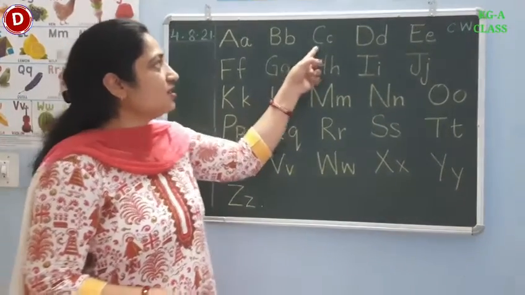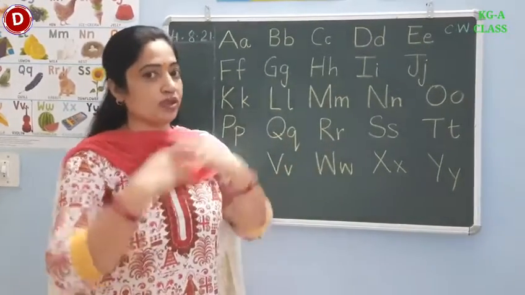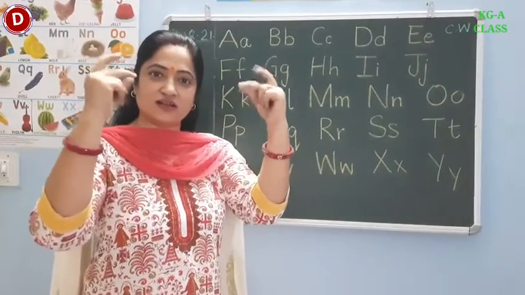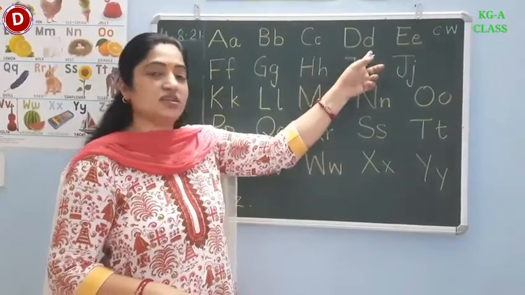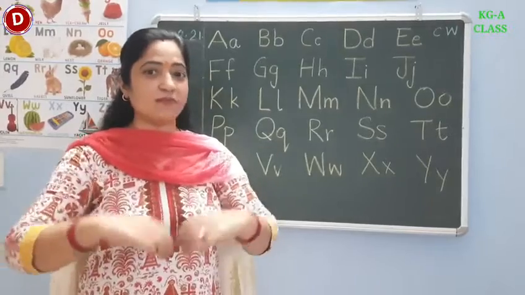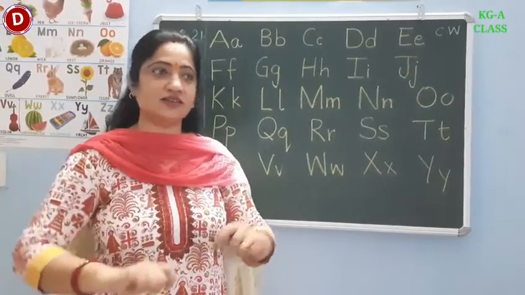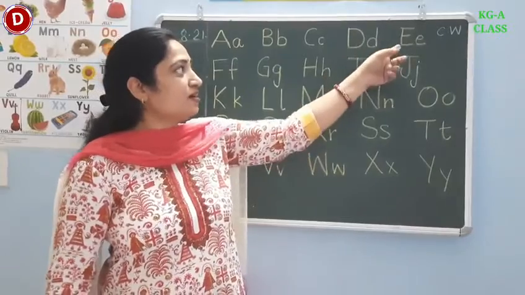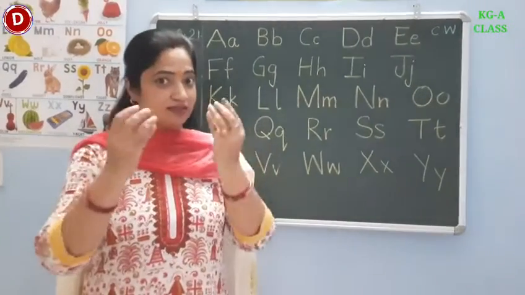Now comes C. This is capital C and this is small c. C says k. We are taking castanets. So C says k. Capital D, small d. D says d. See me play on my drum. Playing drum is a lot of fun. D says d. Capital E, small e. E says e, egg. Eggs in the pan.